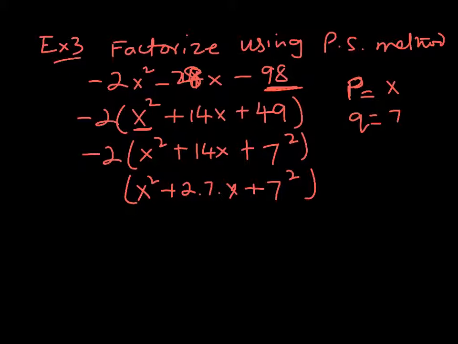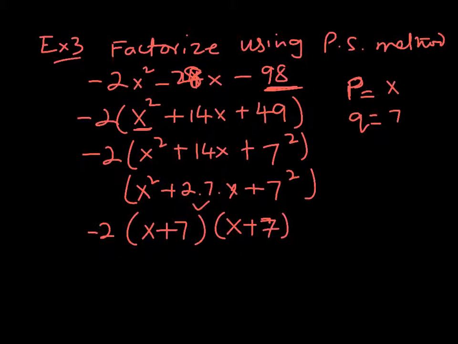So now we have it in the form of the perfect square. Since this is true, we can go ahead and factorize it. So this is going to be negative 2 into x plus 7 into x plus 7. Remember, it's a positive sign all through, that's why we're using the positive sign.